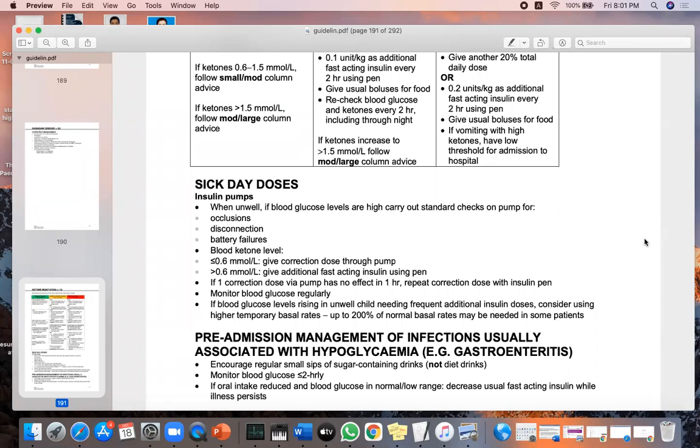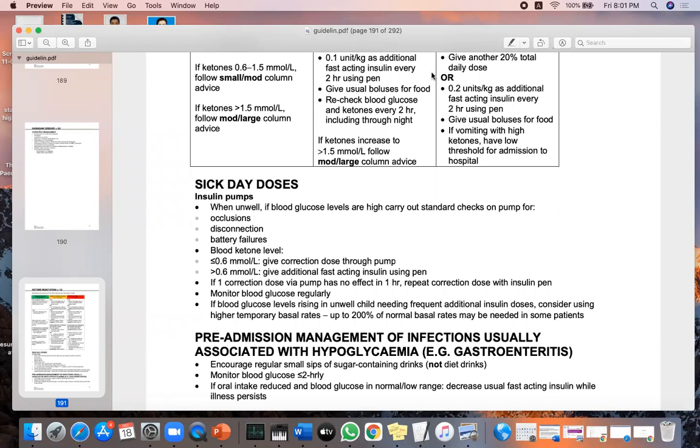You know, there is a soft channel that is inserted under the skin, and by this there is a delivery of the insulin. So if the channel, which is soft plastic, kinks, then the insulin will not be delivered. Okay, there can be battery failure, there can be pump failure. So we have to remember that insulin pump is not actually so much good.